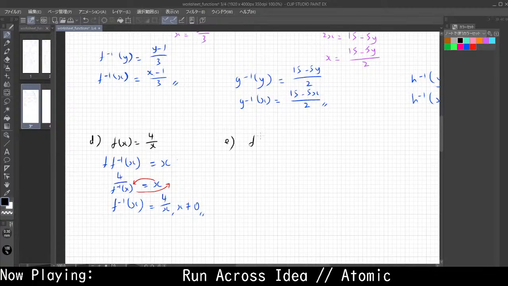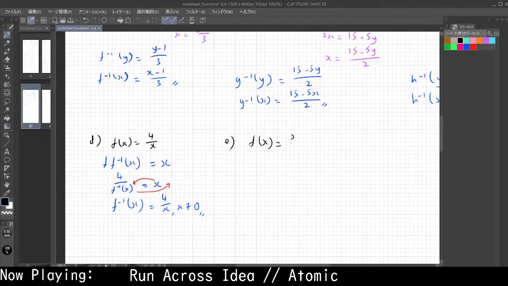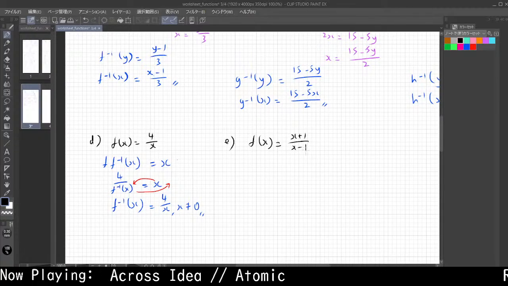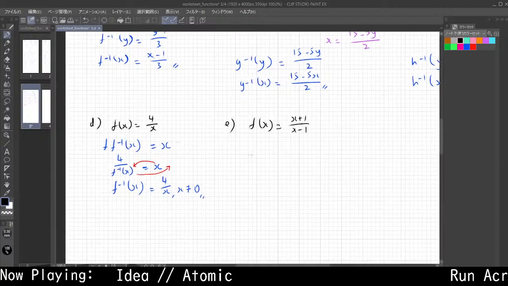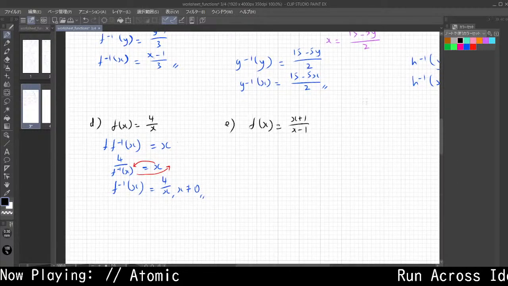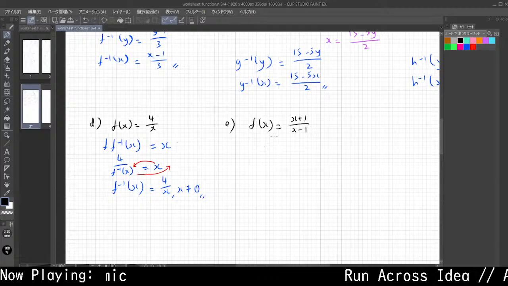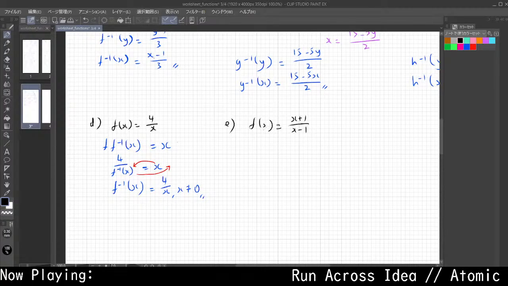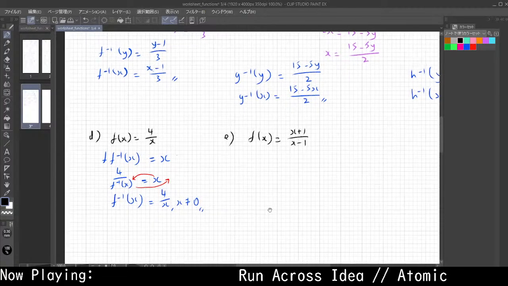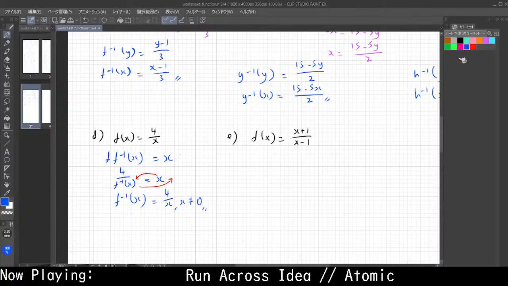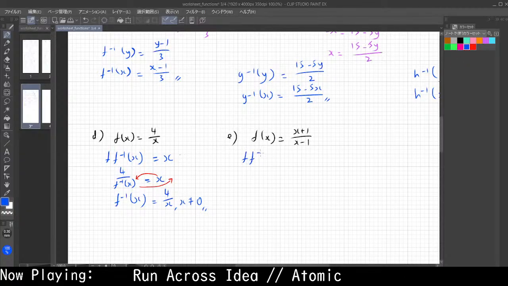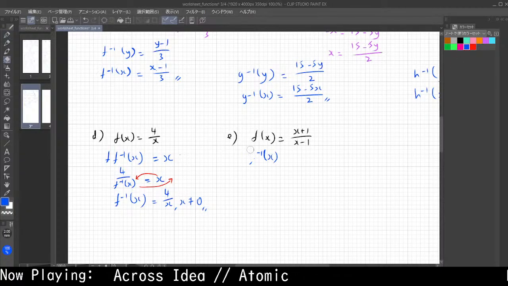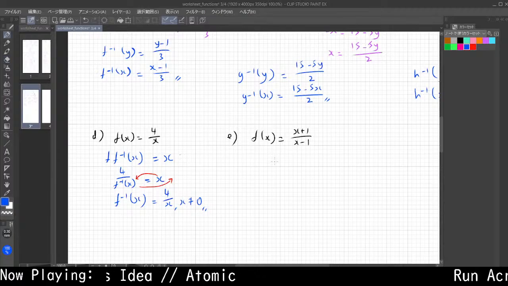Same thing. This is a bit more complicated, but you can work it out. If I use the same method from before, I will get f inverse. Some are easier than others.